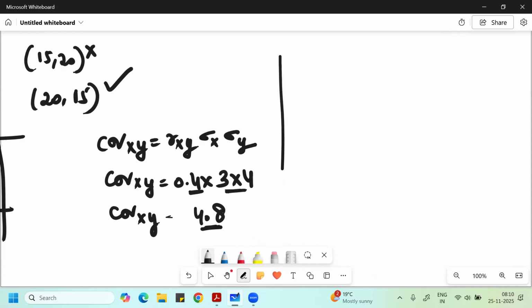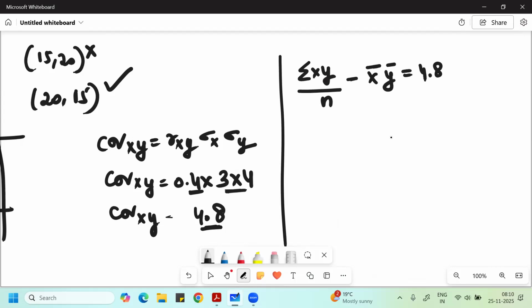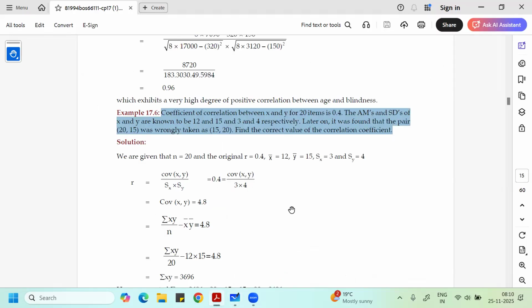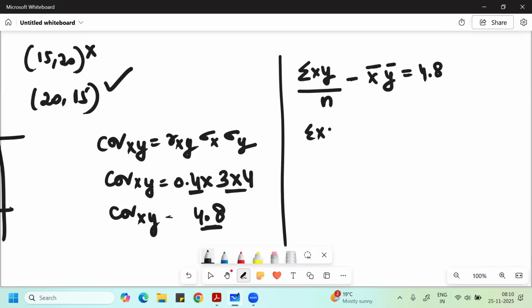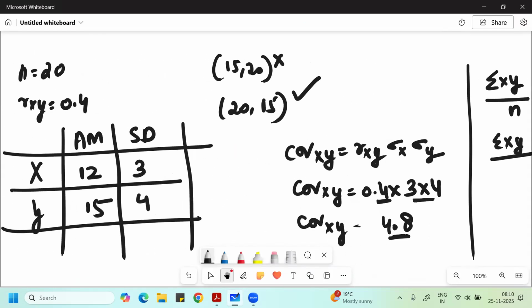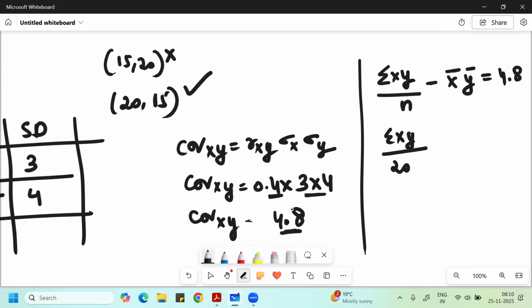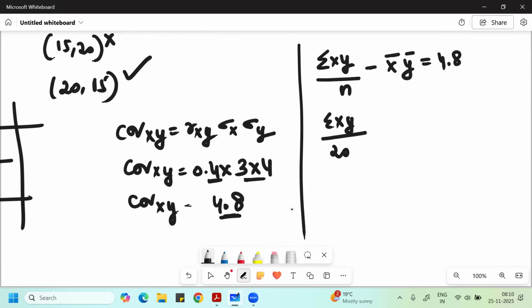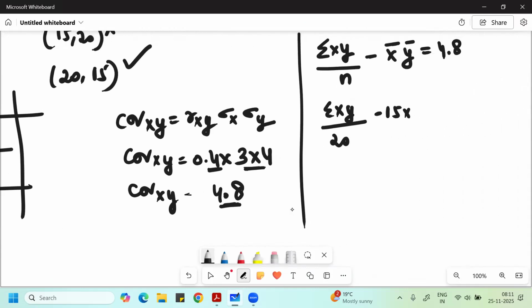Now the covariance formula is summation of xy by n minus x bar y bar, and that you got as 4.8. Here we don't know the summation of xy. N we got as 20. The mean of x is 12 and the mean of y is 15, so it is equal to 4.8.